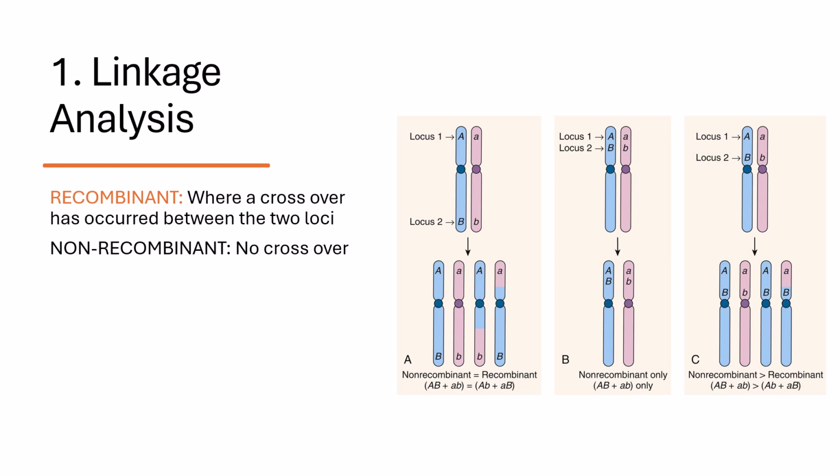So let's consider the example of a few loci here. So you can see here in example A that there is a chromosome with locus 1, which consists of A, and locus 2, which consists of B. So there are two varieties in this locus, two genotypes, so uppercase A and lowercase a, uppercase B and lowercase b.